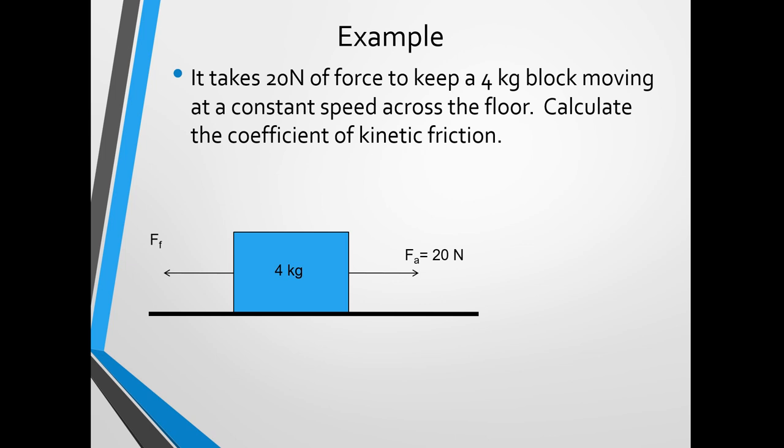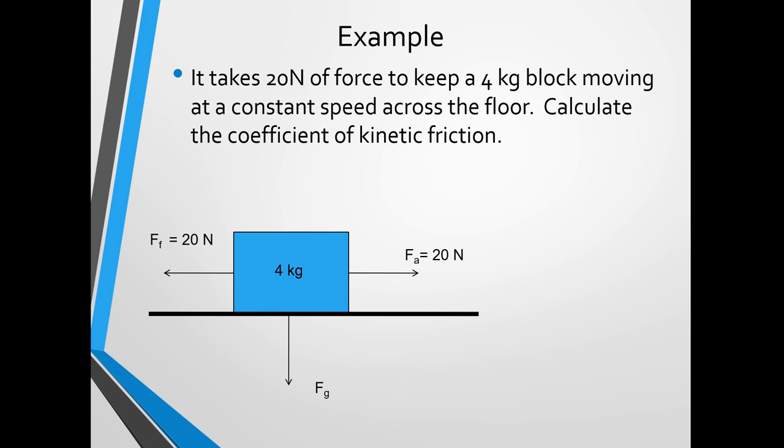Now, because of this key wording, constant speed, we know the object isn't actually moving. So that means these two forces going right and left have to be perfectly balanced. Otherwise, there would be acceleration in one direction or the other. So therefore, we know that the frictional force is also 20 newtons.